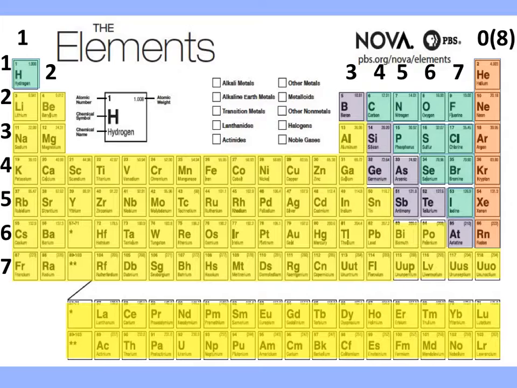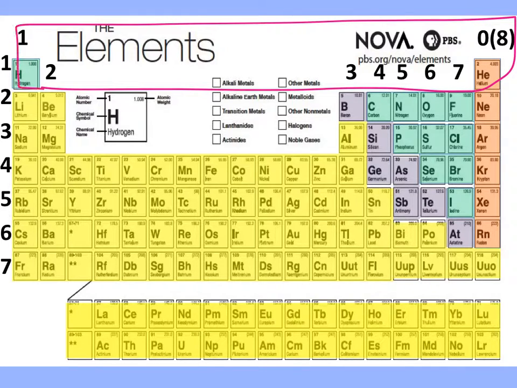So here you can see a big periodic table with the element period and groups labeled. Across the top we have all the columns or the groups labeled, and along the side here we have all the periods labeled. And here's my little helpful hint to remember the difference between these two.